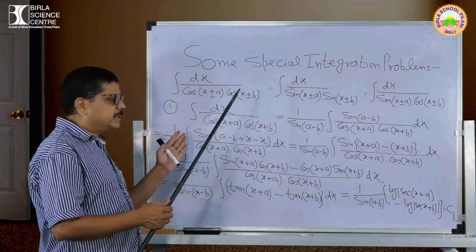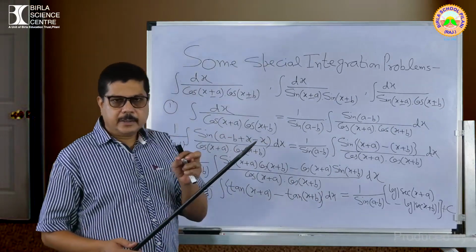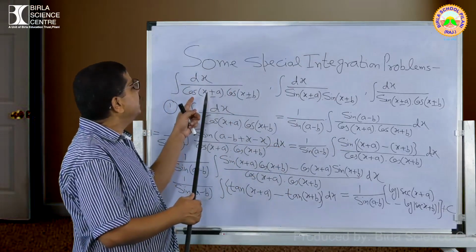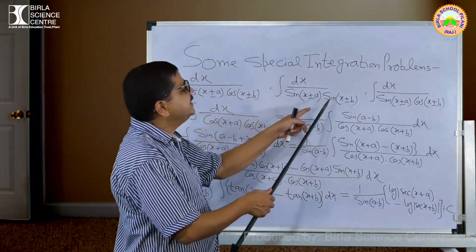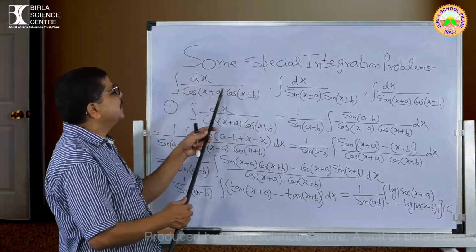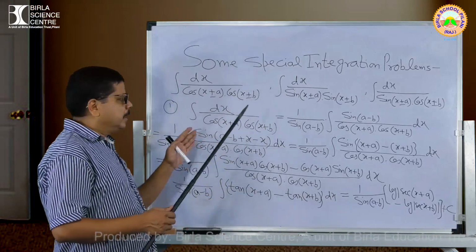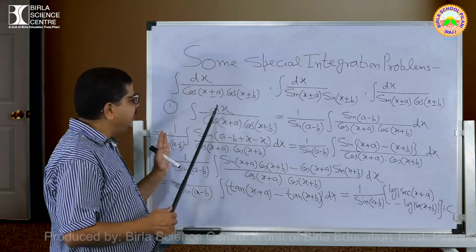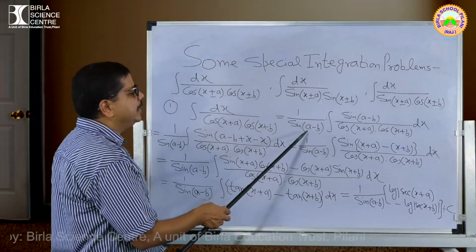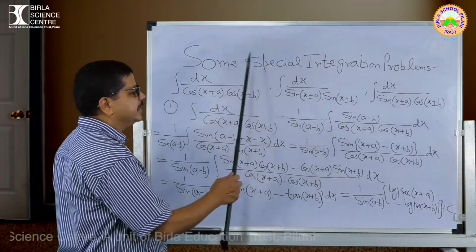So to solve such problems we require a special trick, whether it is cos cos or sin sin. For both types of problems, plus plus or minus minus, the method remains the same, and the method is we multiply both numerator and denominator by sin(a minus b).